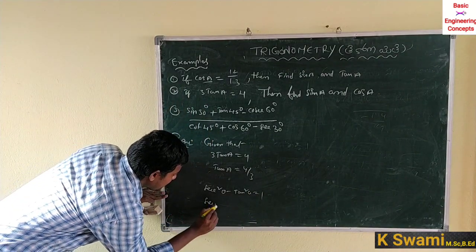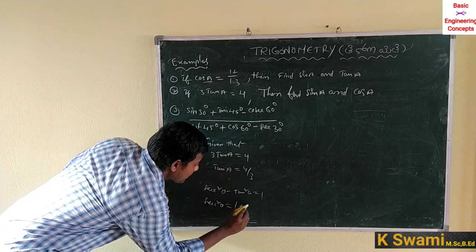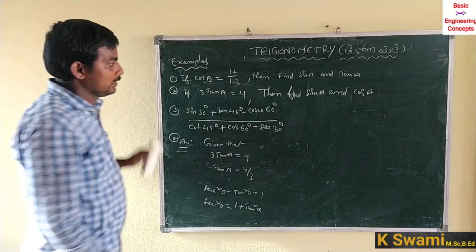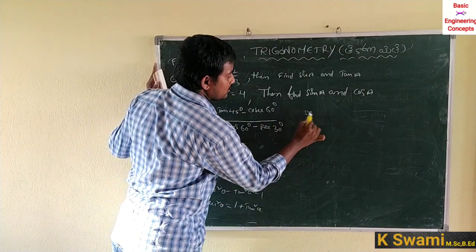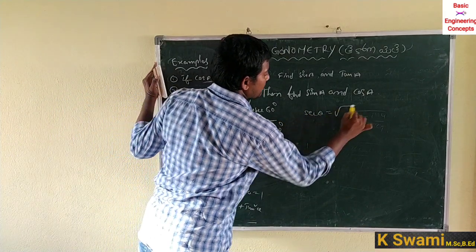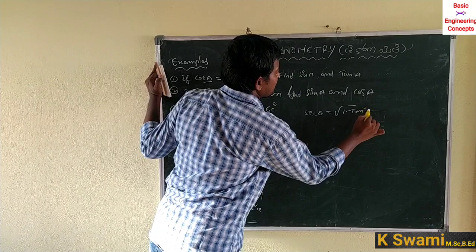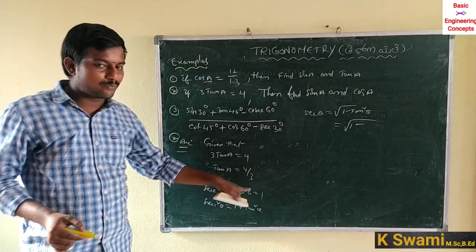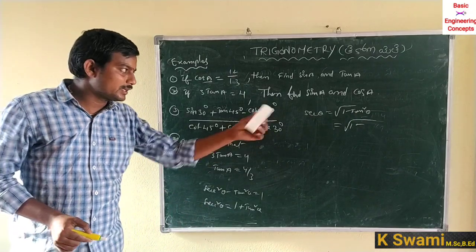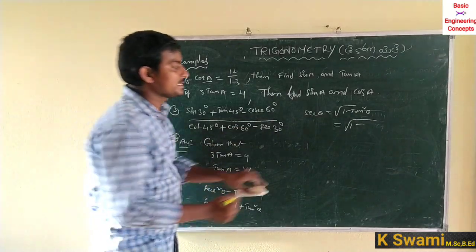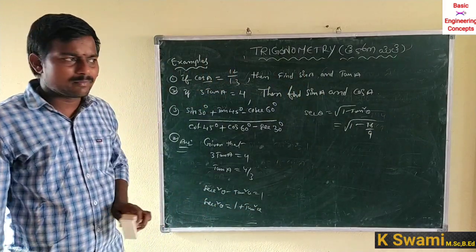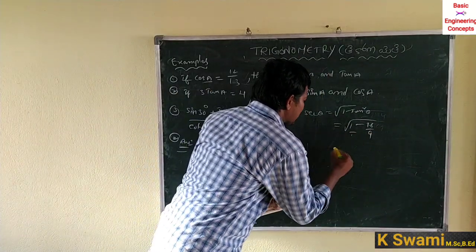So secant square theta is equal to 1 plus tan square theta. Now tan theta is equal to 4 by 3, so tan square theta is equal to 16 by 9. The LCM of 1 and 9 is 9.